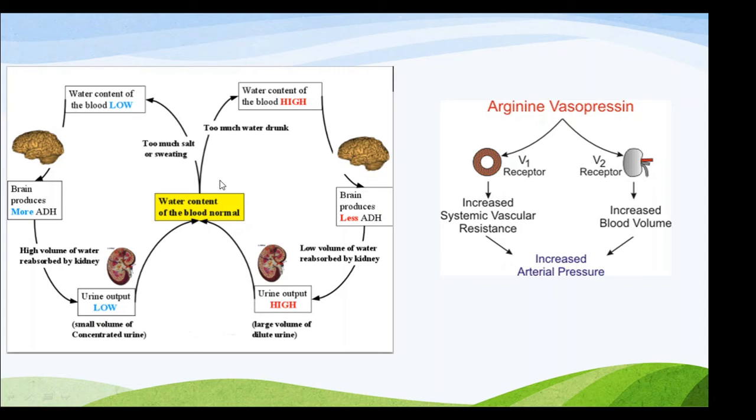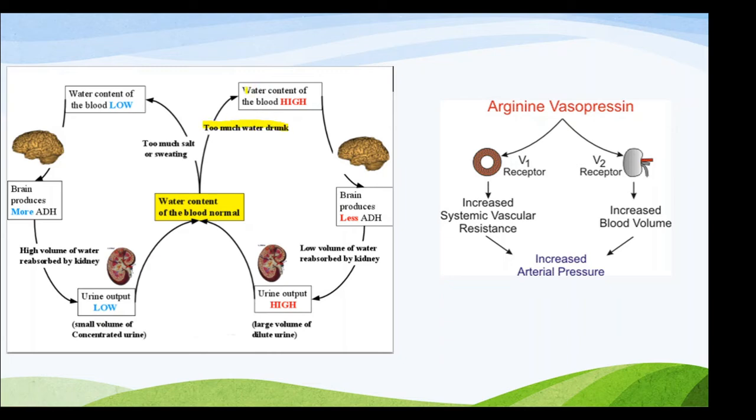So what is the function of vasopressin? We'll consider the yellow part of the pathway where the water content of the blood is normal. Consider you drink too much water.